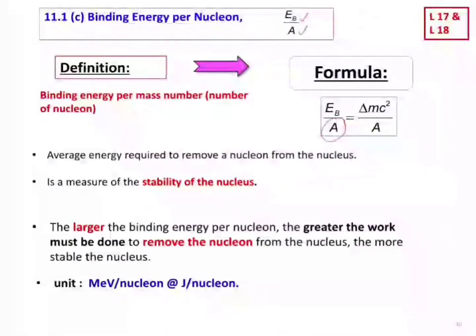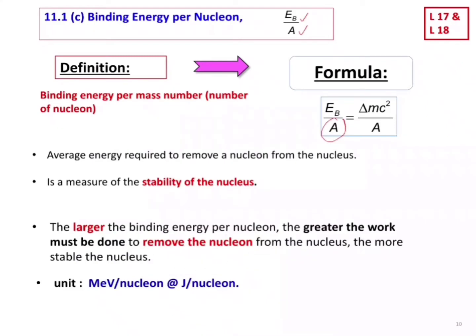What is binding energy per nucleon? It is the average energy required to remove a nucleon from the nucleus. It is a measure of the stability of the nucleus. The greater the binding energy per nucleon, the more stable it is. The larger the binding energy per nucleon, the greater the work that must be done to remove the nucleon.